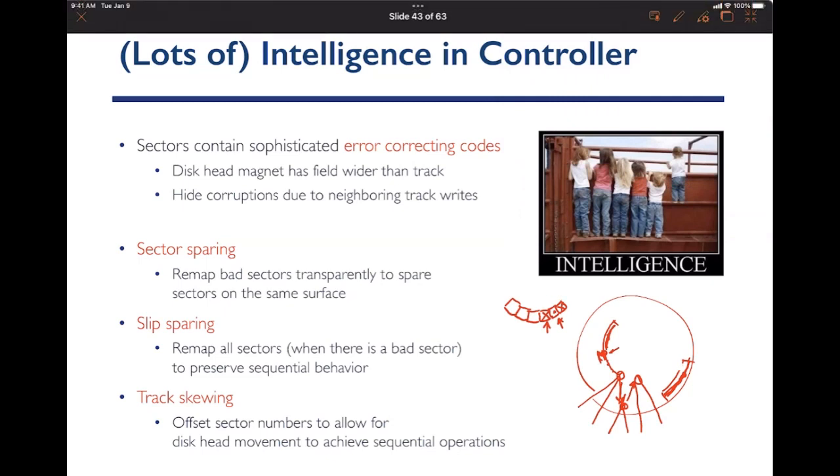It would number them 1, 2, 3, 4, and then come back and number these in between, so that you go over them without missing that sector. The next sector is 2 sectors from the one that you just read, and so on. There are so many different optimizations that are implemented.